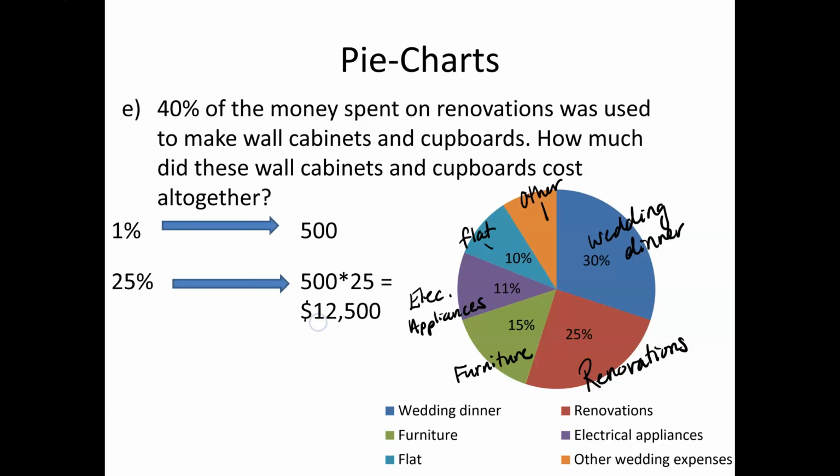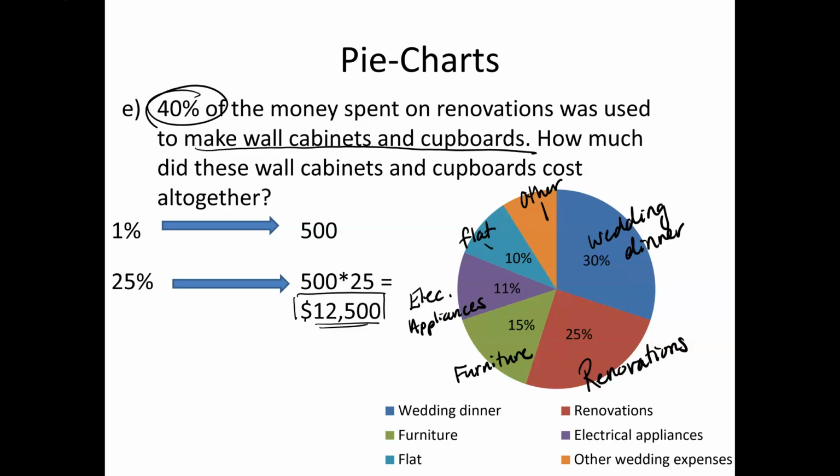But I'm going to go ahead and find out how much total money they spent on renovations first. So I'm going to multiply $500 times 25%, which is right here. $12,500 is how much total money they spent on renovations. Okay, but they spent 40% of that to make wall cabinets and cupboards. So that was a chunk out of their renovation budget.